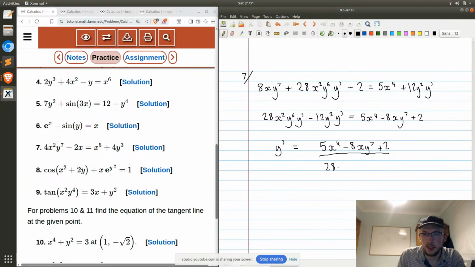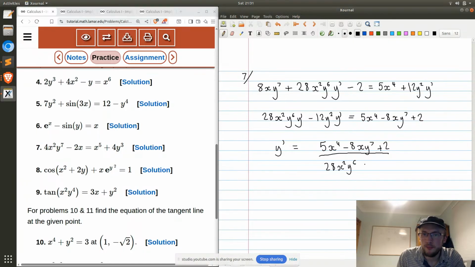So it'll be 28 x squared y to the 6. That looks a little bit dangerously close to a 7, doesn't it? And that looks like a 1. So maybe like that.